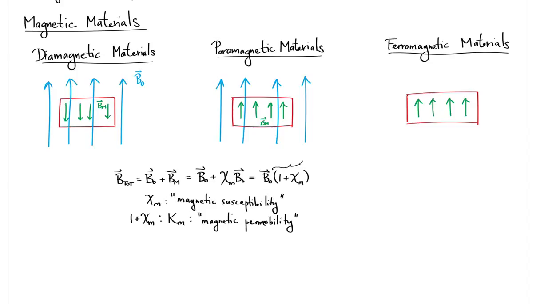So this whole thing is kappa sub m. So for diamagnetic materials, chi sub m is going to be less than 0, or in other words, kappa sub m should be less than 1.